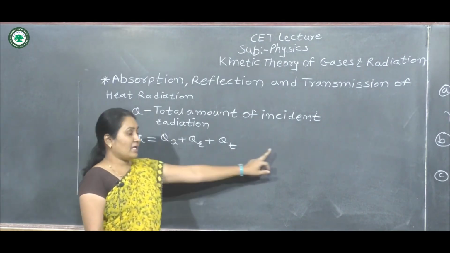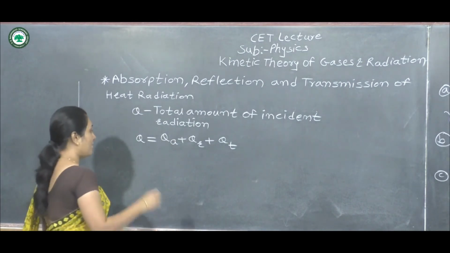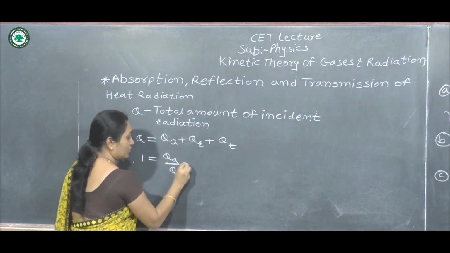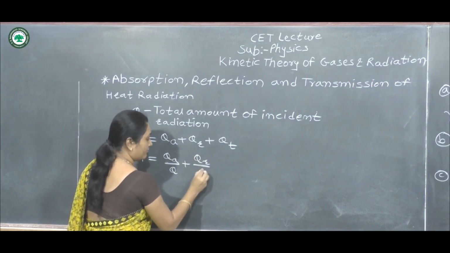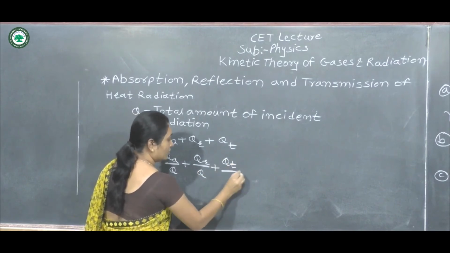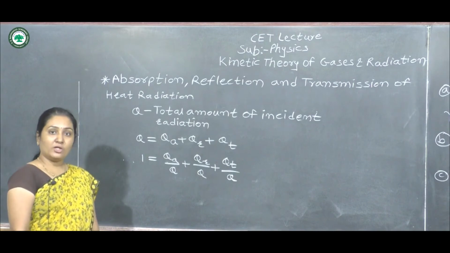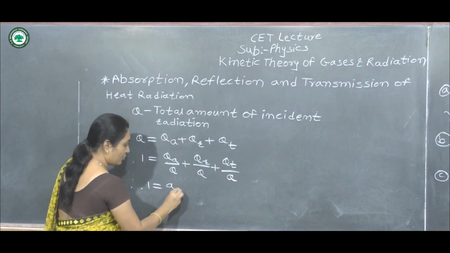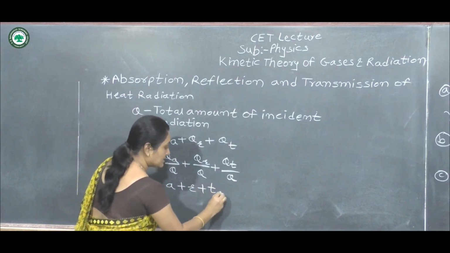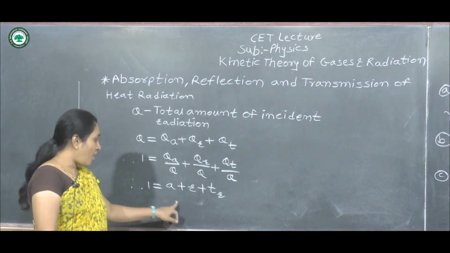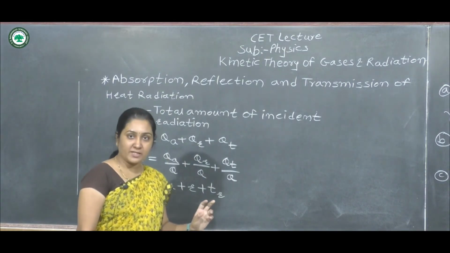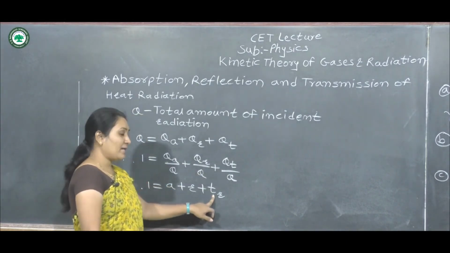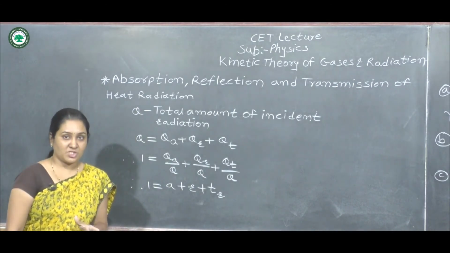If we divide this equation by Q, we have 1 equal to QA upon Q plus QR upon Q plus QT upon Q. So we can write 1 equal to A plus R plus TR, where A is called coefficient of absorption, R is called coefficient of reflection, and TR is called coefficient of transmission.